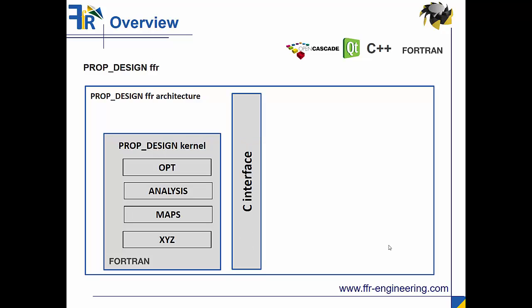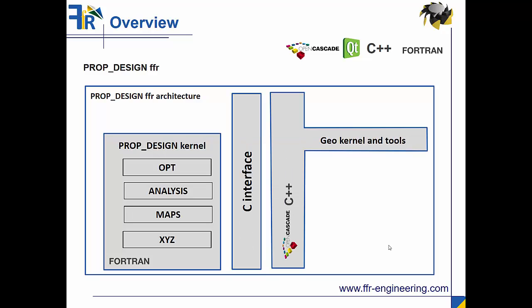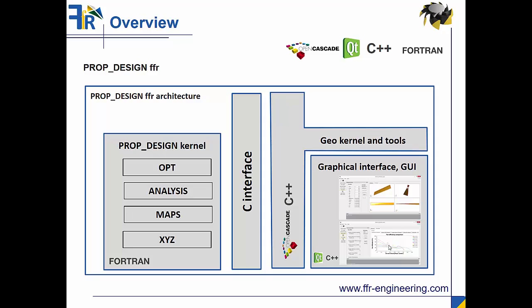Then we introduced the C interface, which allows us to link to our geometry kernel and geometry tools, which are written in C++ and use Open Cascade, the open geometry library. And thus, having a C++ interface, we could write a GUI using Qt and C++. We are pretty much experts in Qt, C++ and Open Cascade, so from this point of view, we decided to go this way.